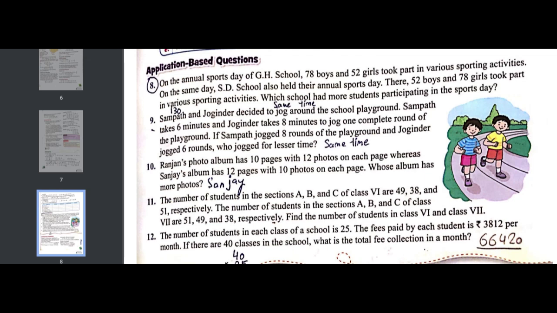Addition or multiplication, Aryan? Yes, addition. First add all the numbers of class 6, then add all the numbers of class 7, and it will give you the same answer.